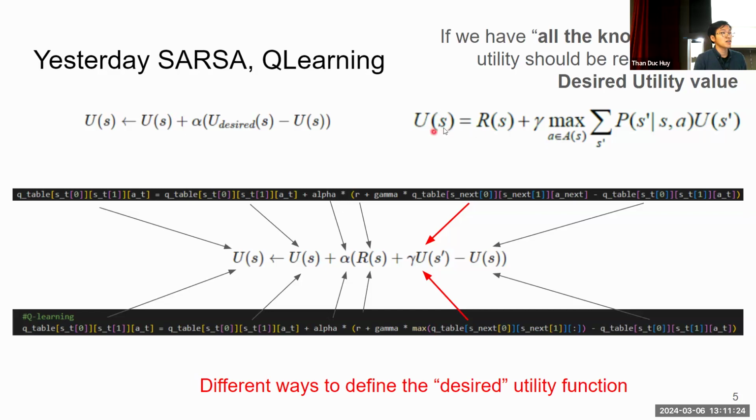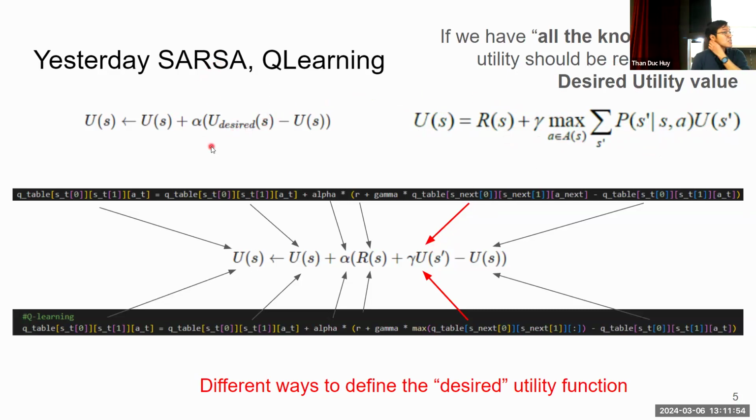This is the current state, and U prime is the next state that we want to go to. So this equation holds by this connection: there is a reward and there is the expected utility of the next state. So this will be our desire. Then we sub that in to our desire.